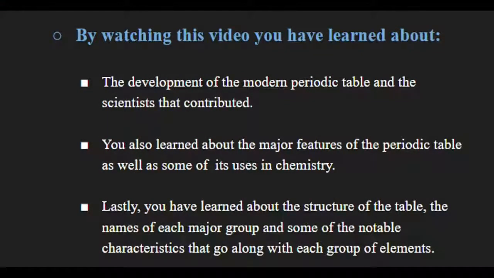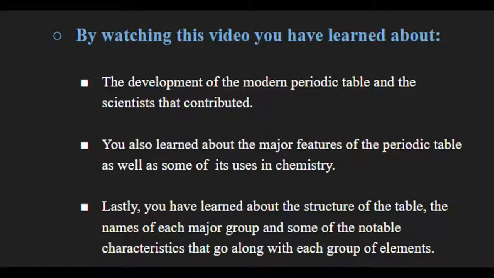To fully go over everything that we've learned in this video, by watching this video you've learned about first the development of the modern periodic table and the scientists that contributed, like Mendeleev and Moseley. We also learned about the major features of the periodic table of elements, as well as some of its uses in chemistry.